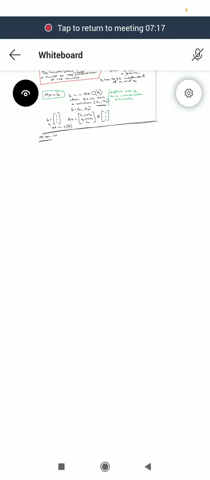So we have the possible column spaces inside R3.